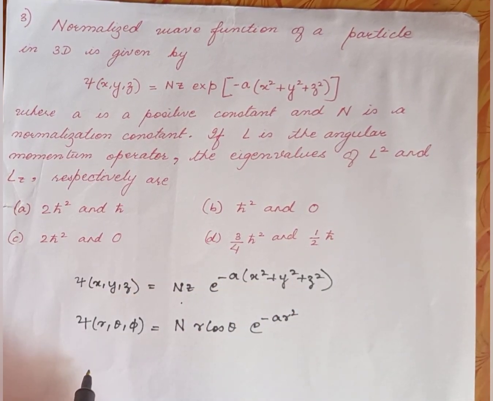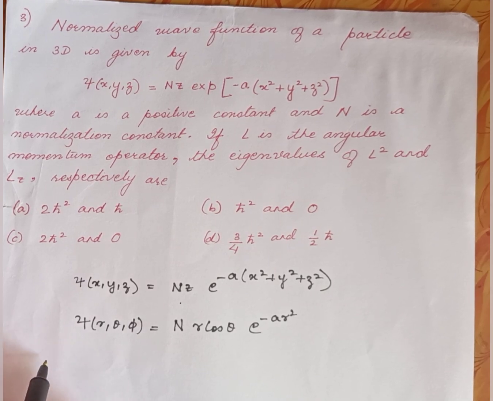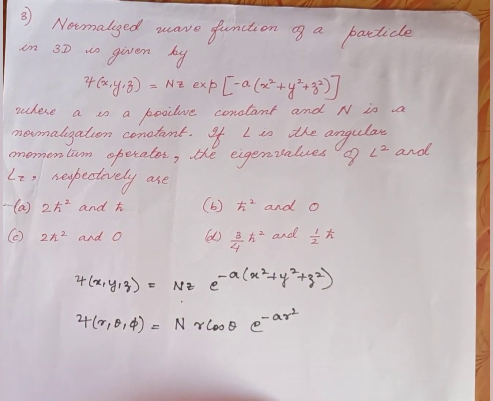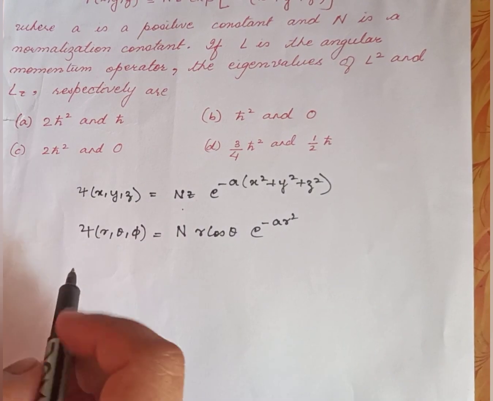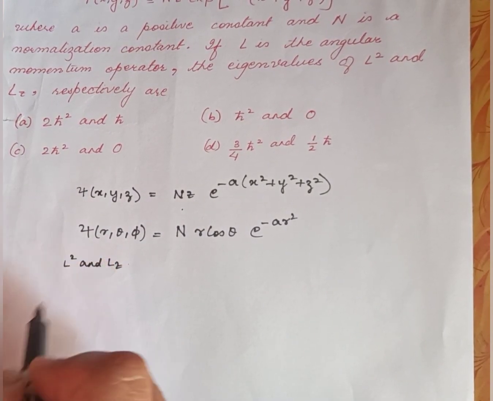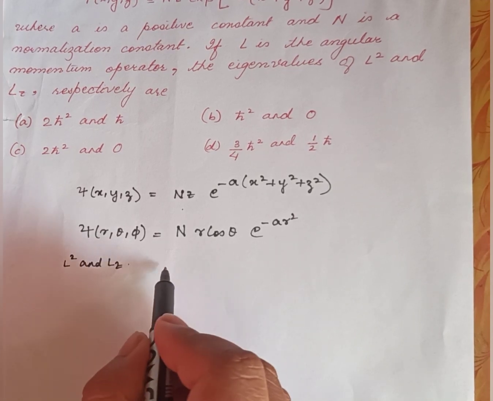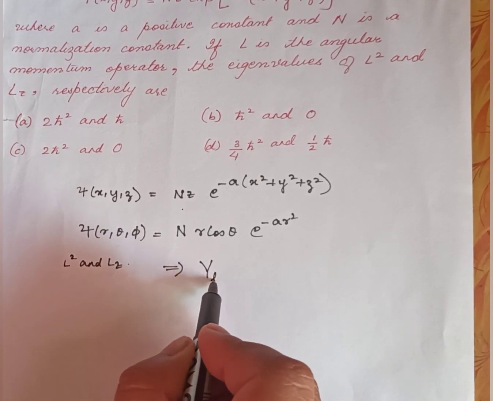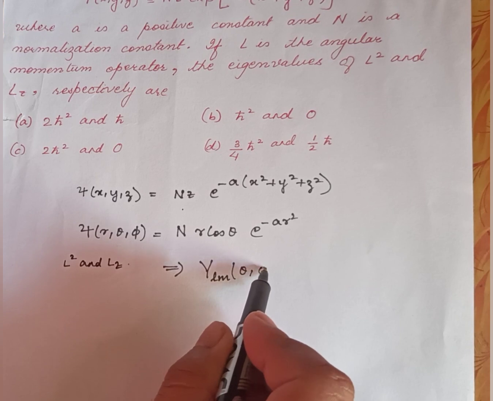Now the eigenfunctions of L square and Lz are your Y L m of theta, phi, which we just saw.